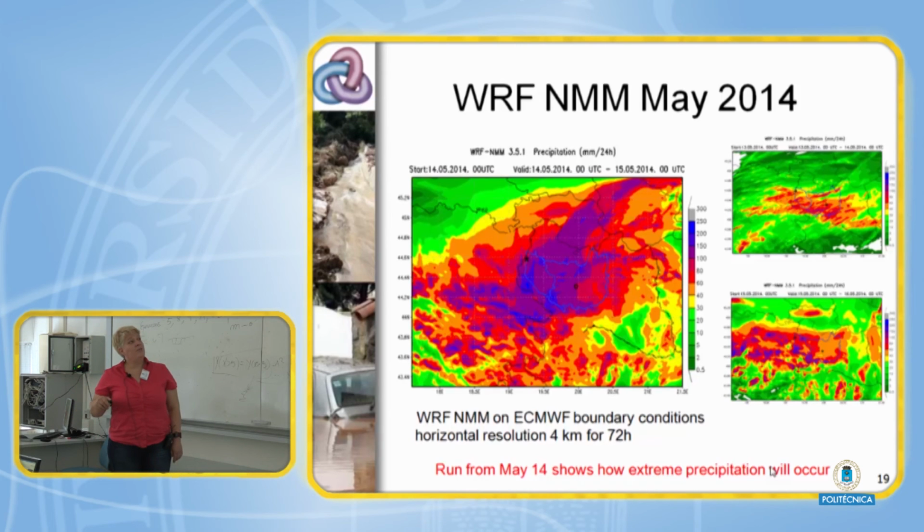I have enlarged this picture because it clearly shows how extreme the precipitation would be if we ran this model before this episode. So this is something that can say the catastrophe is coming.